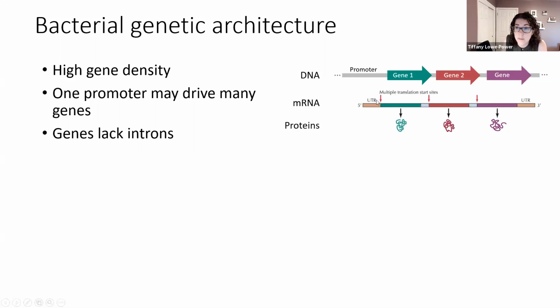And then ribosomes for bacteria will jump on at each of these translation start sites and translate those mRNA genes into proteins. And additionally, there is not this process of RNA processing. The mRNA doesn't have introns, and so the ribosome goes directly from mRNA to translation.